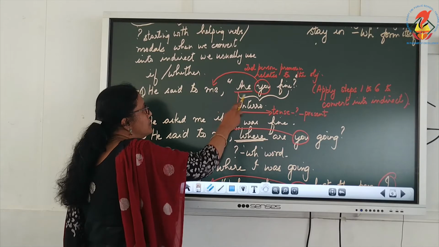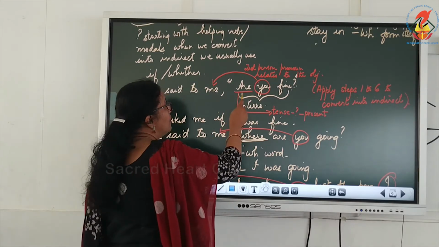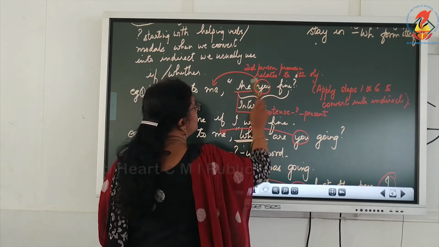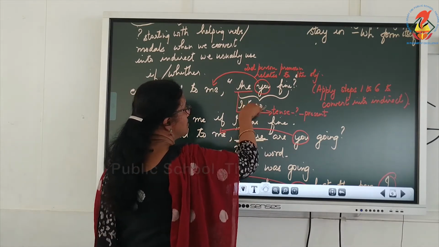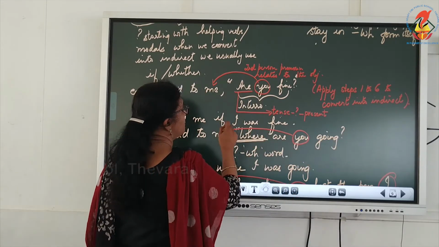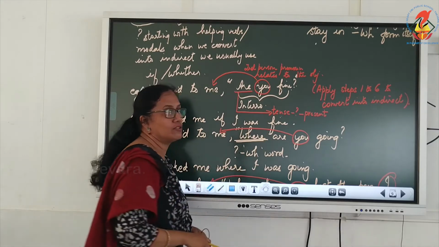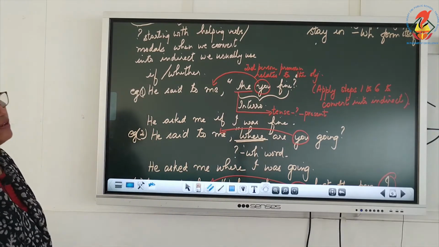So, he asked me if I. Now you have to change the tense. Are you fine? Present tense. So you have to convert it to its respective past tense. So it comes to, if I was fine. So that is how you go about converting an interrogative into indirect speech.